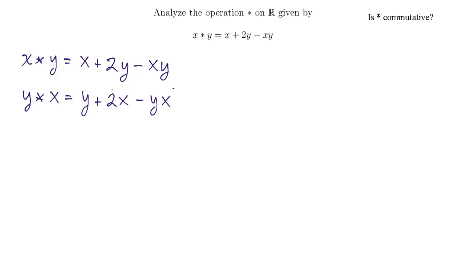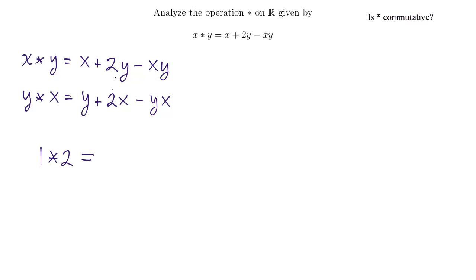Now, yx is the same as xy, so we're subtracting the same thing here. The problem is these do not look the same here. X plus 2y is probably not the same as y plus 2x. To be sure of this, let's actually try to think of a counterexample. Let's just say x is 1 and y is 2. Well, 1 star 2 would be 1 plus 2 times 2, that's 4, minus 2.